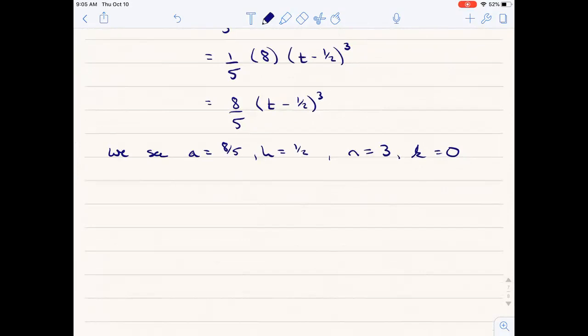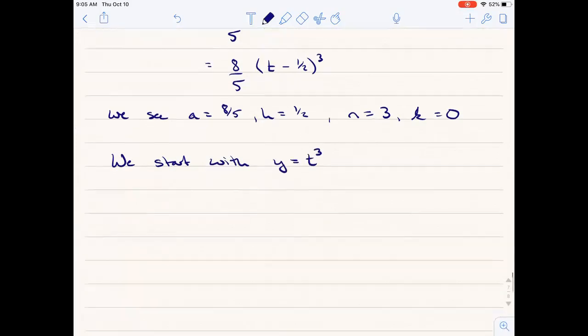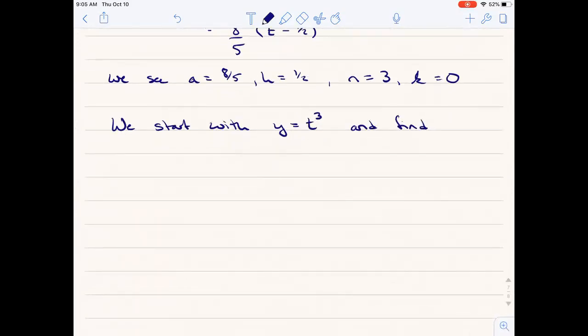So by the same idea, we're going to start with t to the power of 3 and then build out from there. And so we start with y equals t to the power of 3, and find 3 points to track, to follow around.